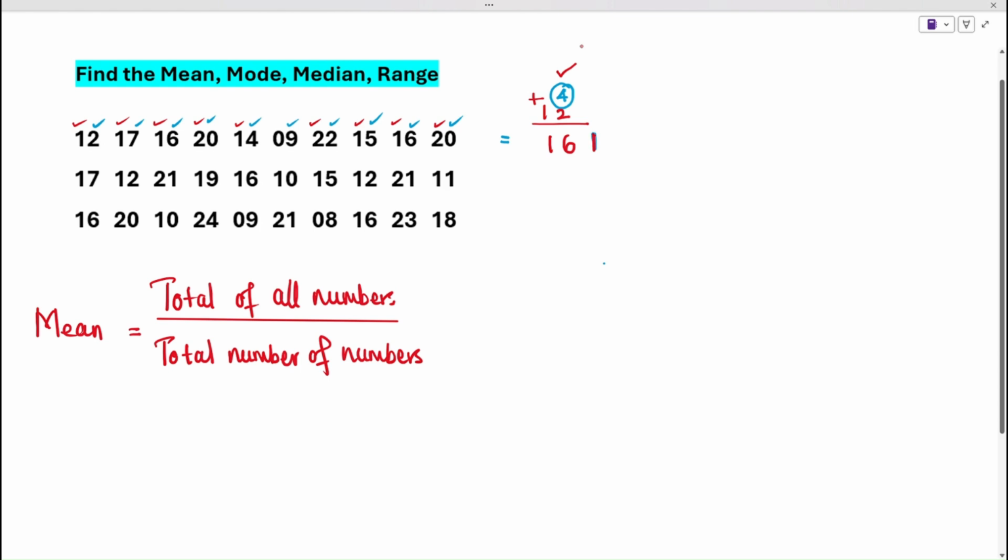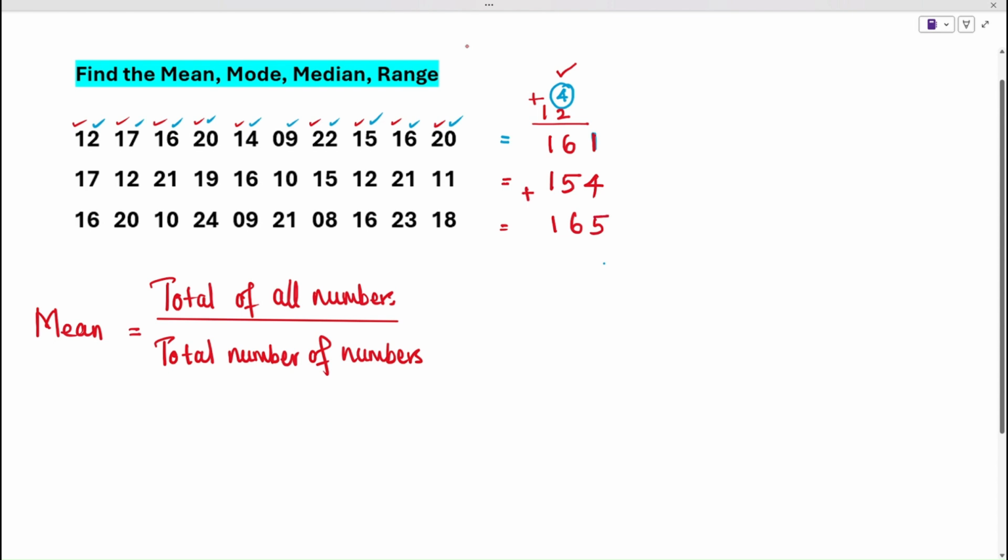So this is what we've got from adding together our units digits individually and our tens digits individually and then joining them together. So if you repeat this for the other two rows, you will get the sums of 154 for the second row and 165 for the third row.